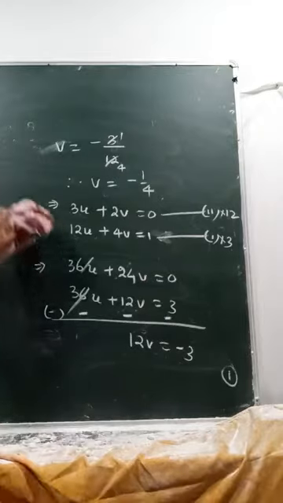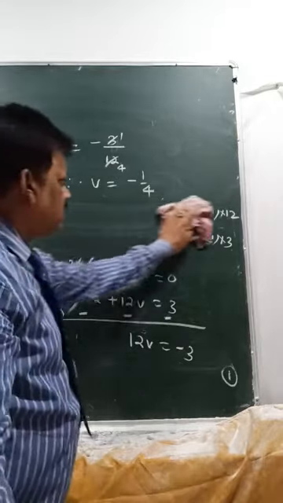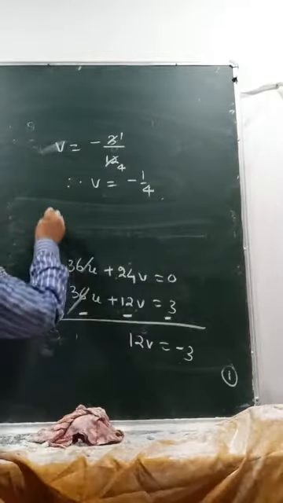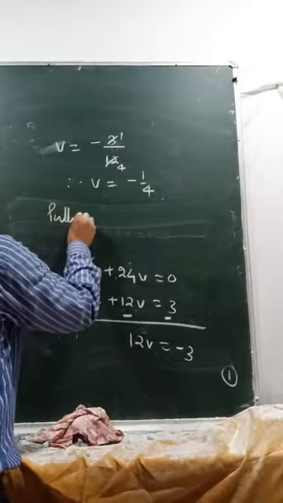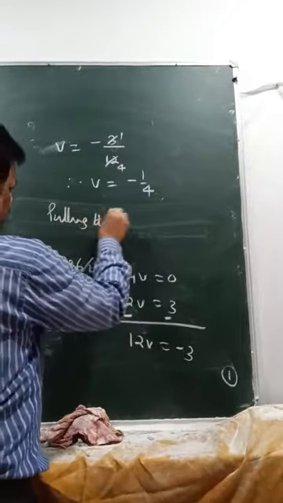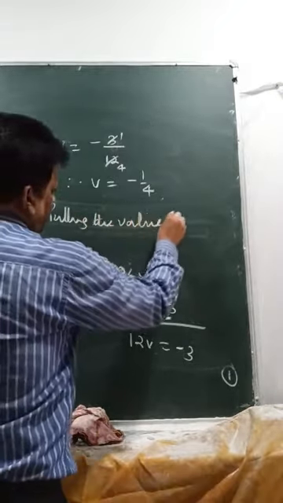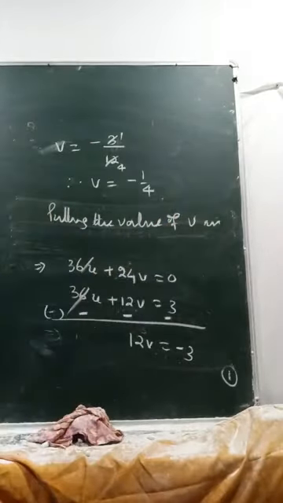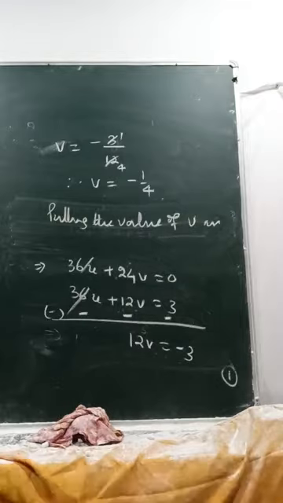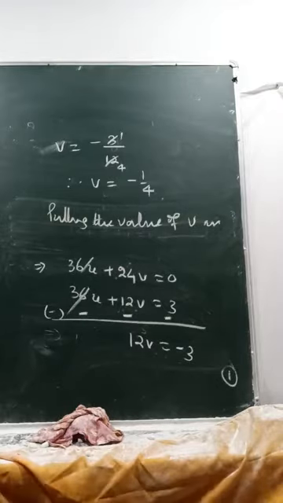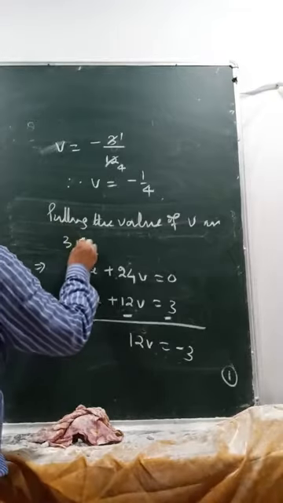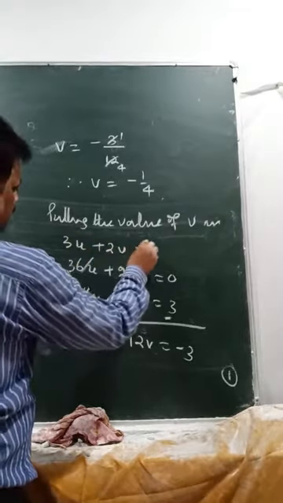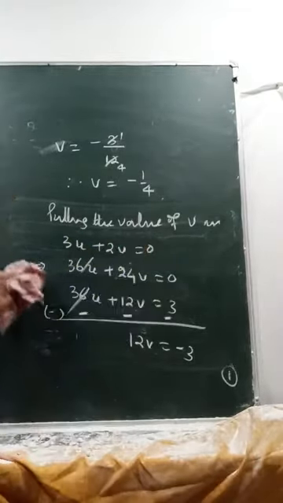Now putting the value of v in one of the equations. What shall I put? Now I can put in one of the equations: 3u plus 2v equals 0. Let's put here.